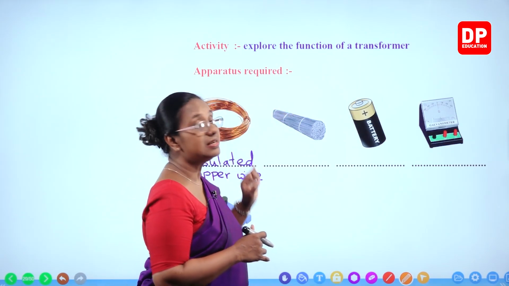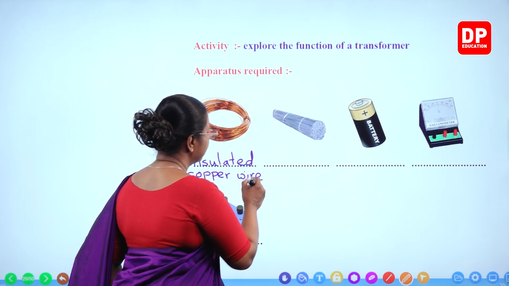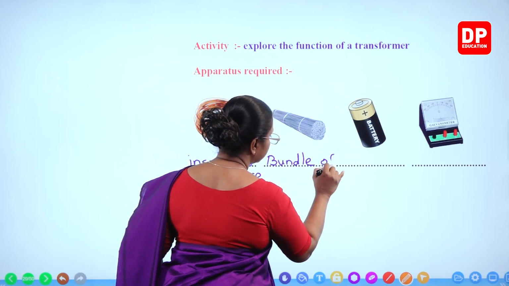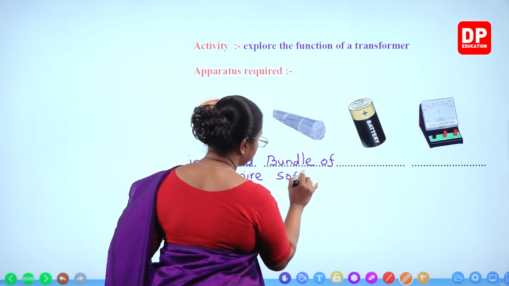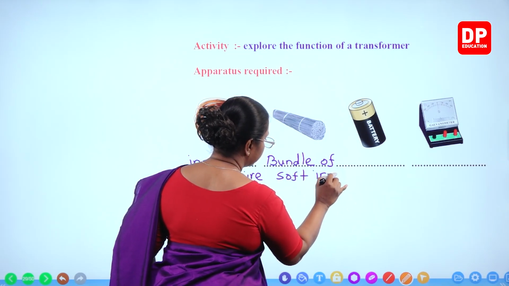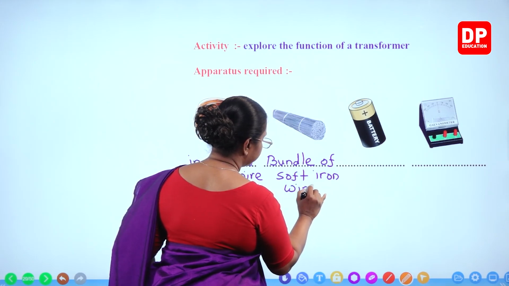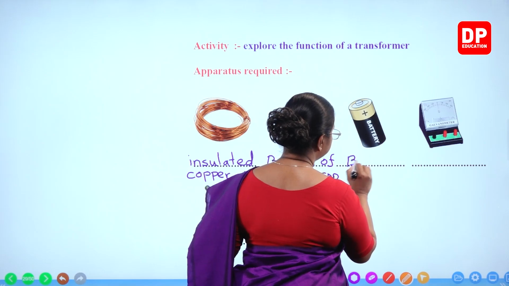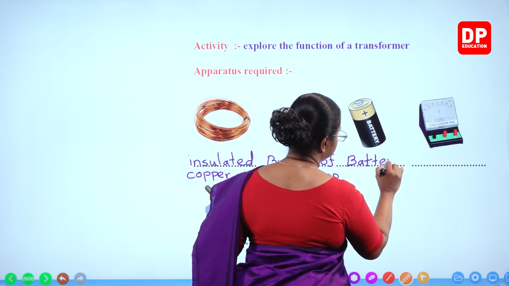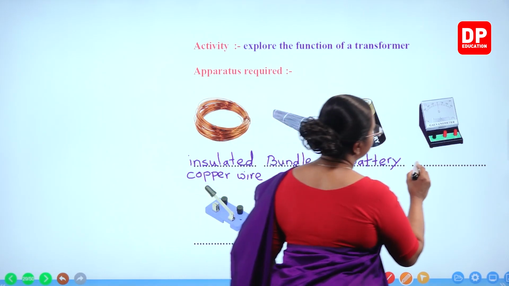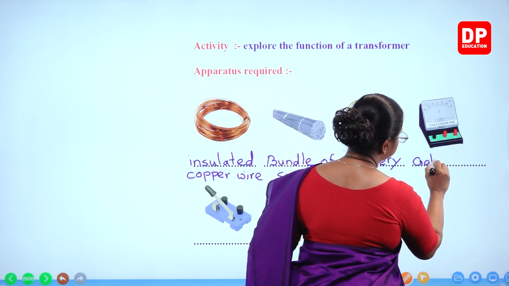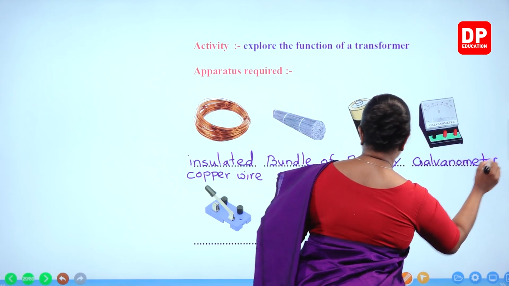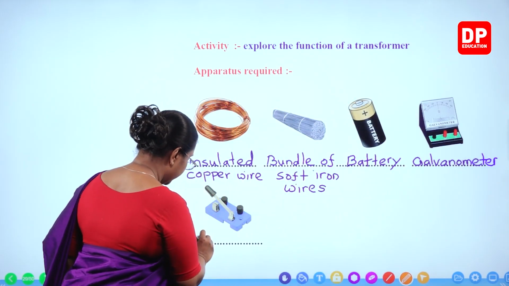They are bundled together. So here I'll say bundle of soft iron wires. Then we need the battery. Then we need the galvanometer. And we need a switch.